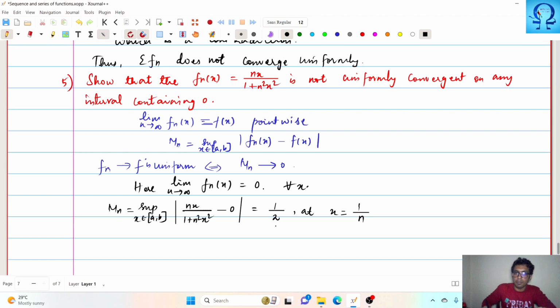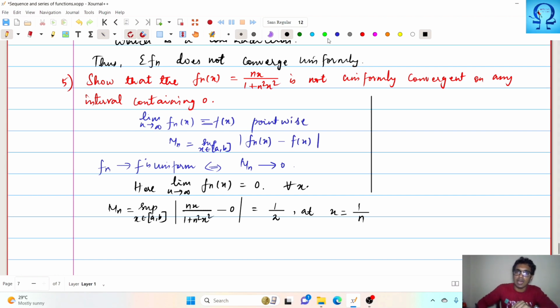At this point, in the numerator you will have 1, and in the denominator 1 plus 1, that will be 2. If you substitute any other value of x, whether it involves n or not, you would get some value smaller than this quantity.